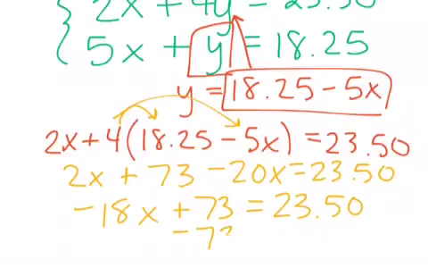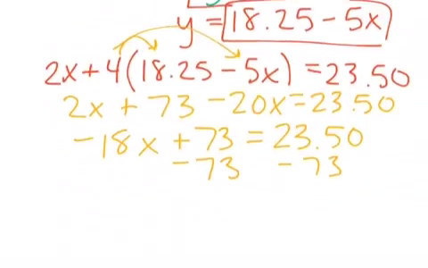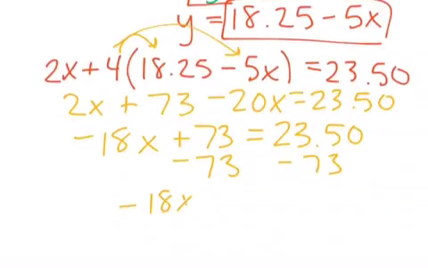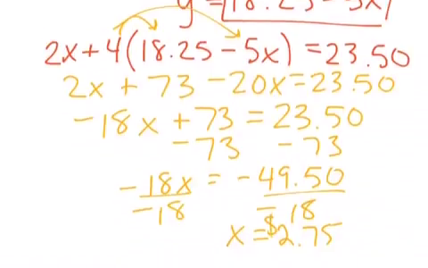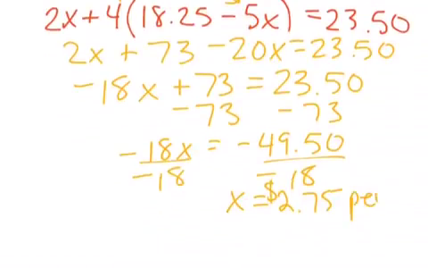And I'm going to solve for x. So 23.5 minus 73, I've got negative 18x is equal to negative 49.50. Divide by negative 18, and I get x equals 2.75, and that is dollars per hot dog.